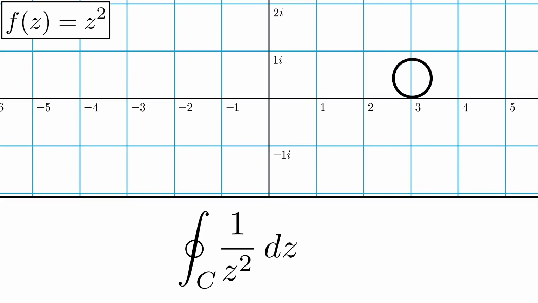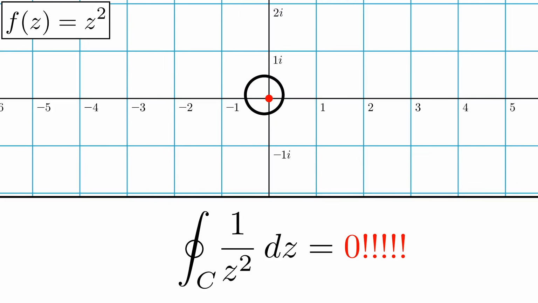So for example, if we looked at this closed curve over here, the integral would be 0. Good, there are no zeros inside that curve, that's what we expect. But unfortunately, the integral of 1 over z squared dz around this curve is also 0, even though this curve definitely encloses the point z equals 0, which is a 0 of z squared.